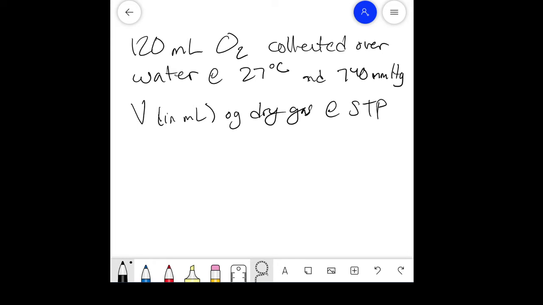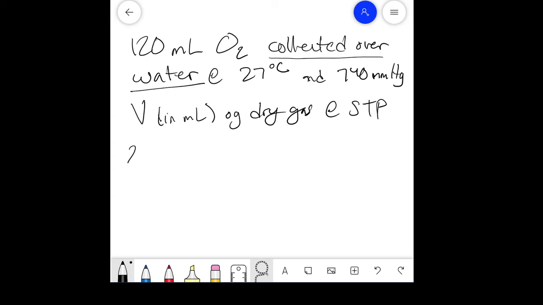Okay, so when you see collected over water, that means you're going to need a chart to tell you what water's pressure is at the temperature you're at.